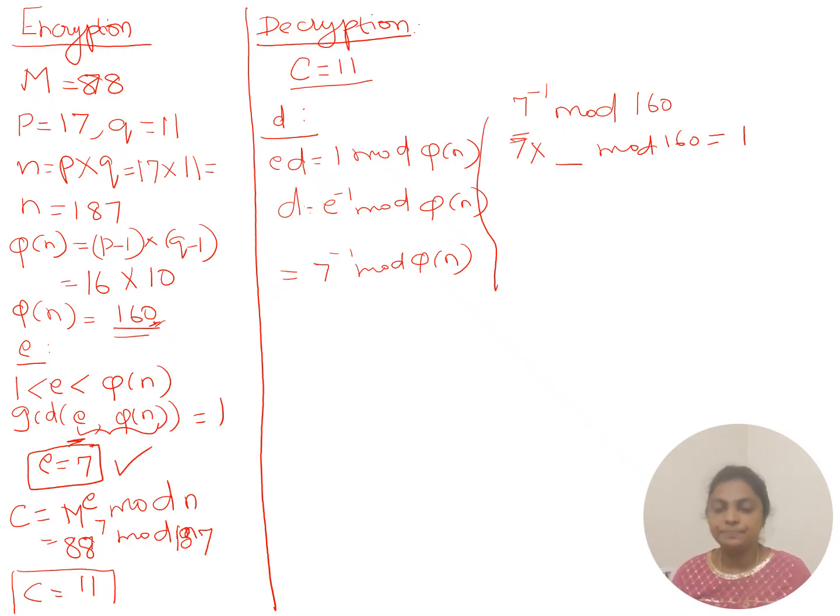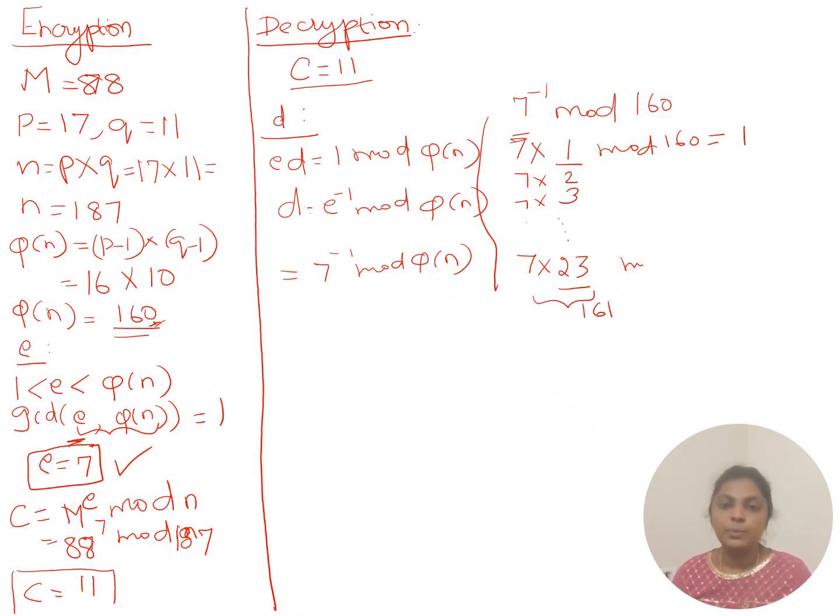That's the concept. So we have to put the values: what is 7 into 3, what is 7 into 4, likewise we have to get. So when I tried this, I got at one point 7 into 23. 7 into 23 is 161.